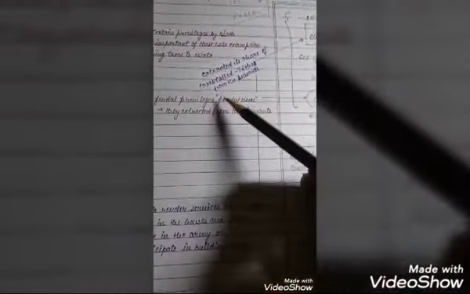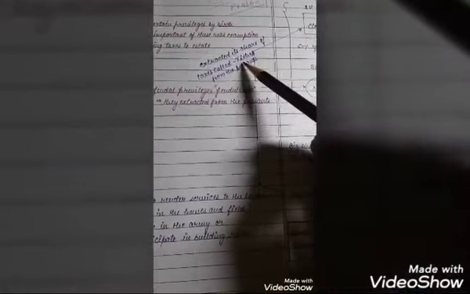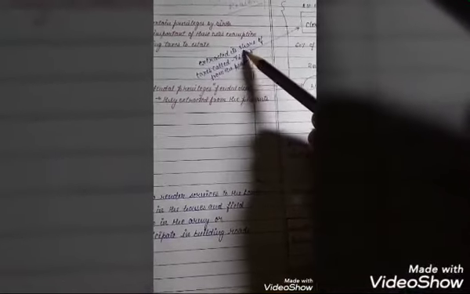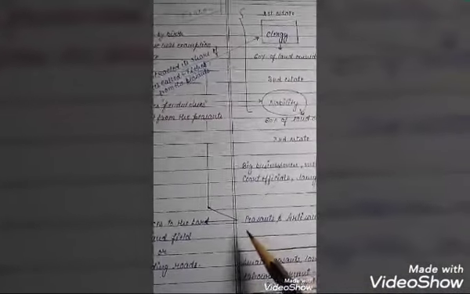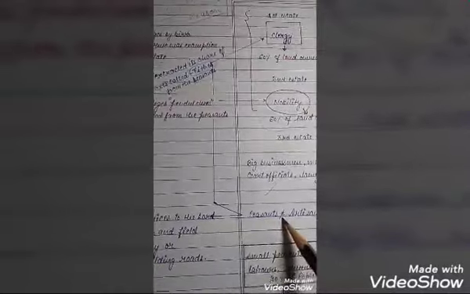The second important point, clergy directly extracted its share of taxes called tithes from the peasants. This is a very important point to be remembered.